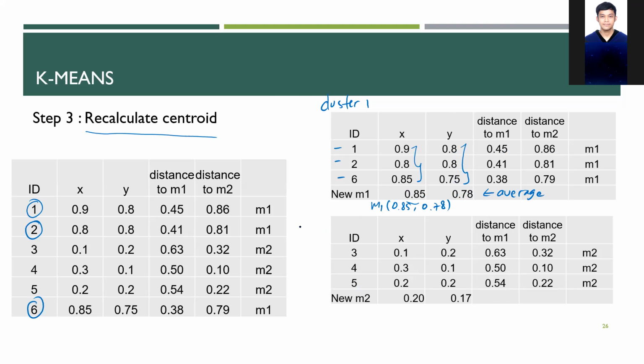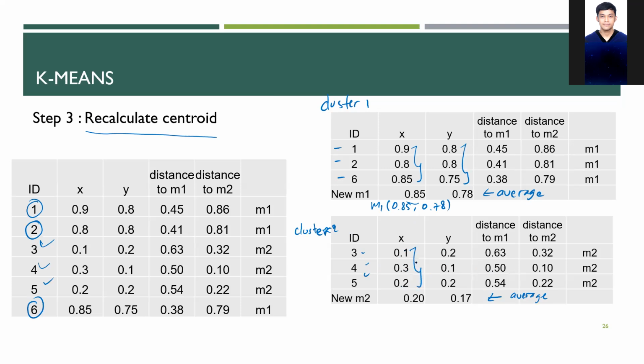Okay, and then we also calculate for cluster 2. Which data points belong to cluster 2? Data 3, 4, and 5. Again, we average all the data in this cluster.